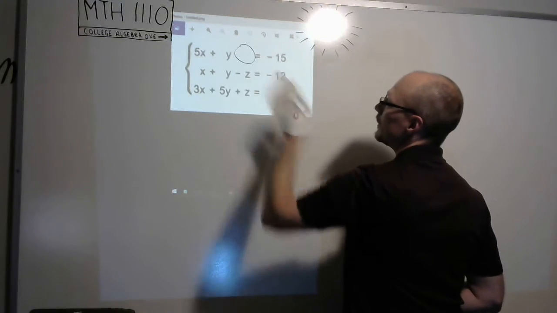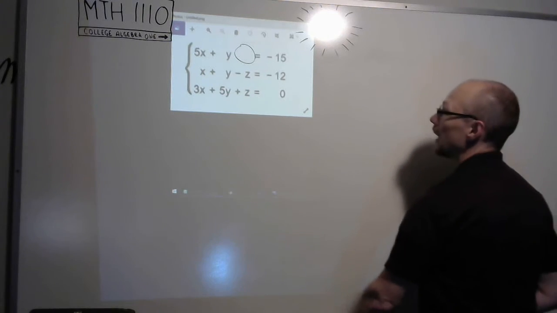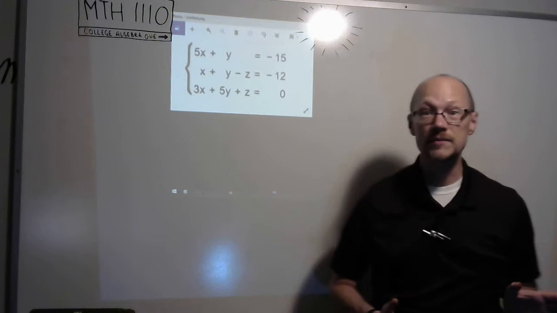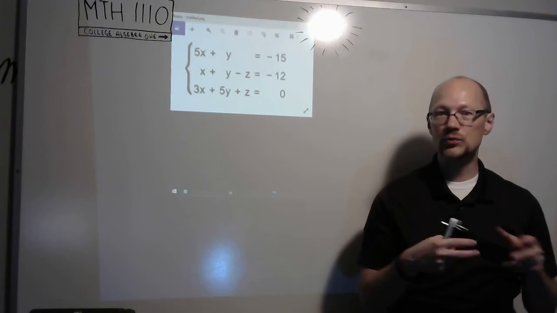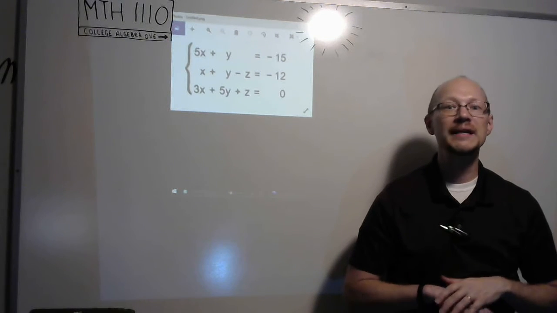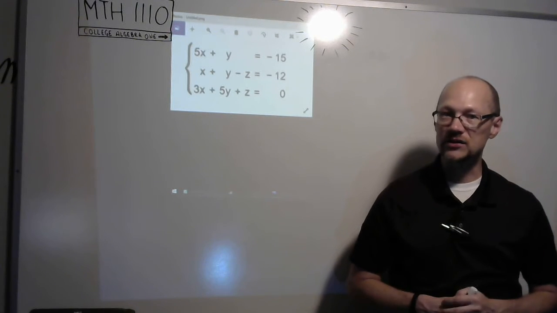That's not a typo. That's just the way this one works, which means what would be great is if we could take the other two equations and combine them in such a way that we can eliminate that z. And that would create a new equation with just x and y.